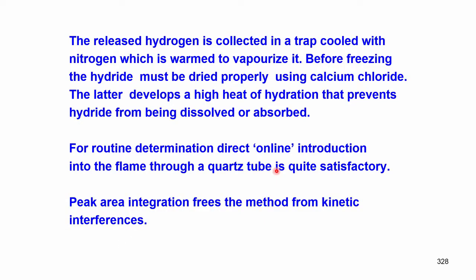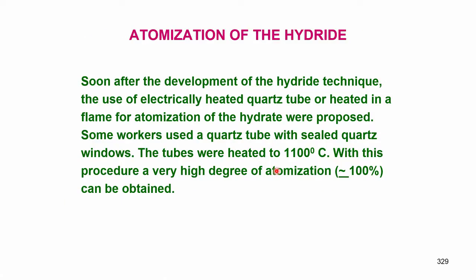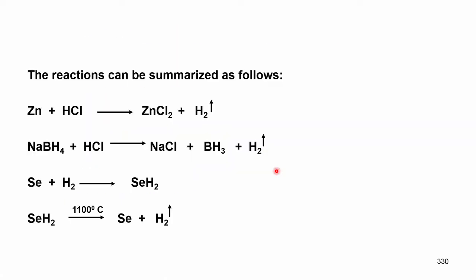Okay. So, I have given you the reaction of zinc and hydrochloric acid as well as sodium borohydride. In both cases nascent hydrogen is generated. This nascent hydrogen will react with selenium, tellurium, bismuth, arsenic, antimony, lead, mercury, etc., germanium also.